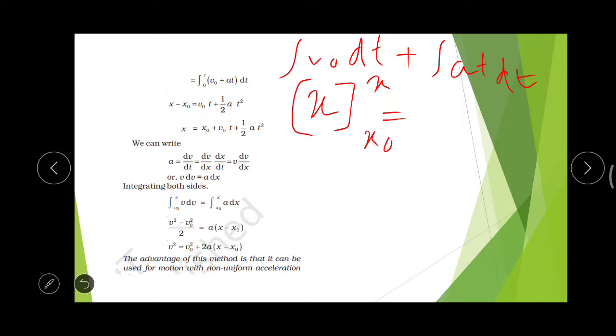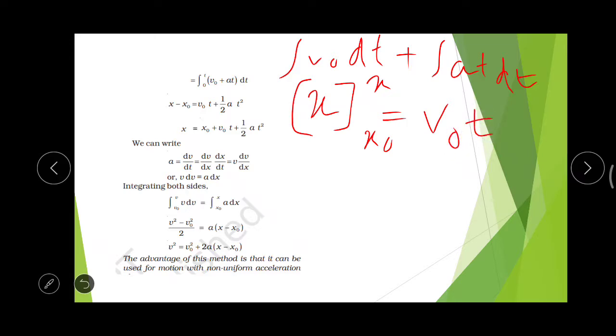Then v0 dt, v0 is a constant and dt will become t. So v0 will remain as it is and dt will become t in the limit of 0 to t. The 0 we don't want to consider, so which will become v0 into t.